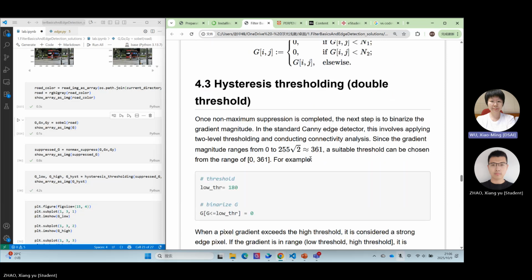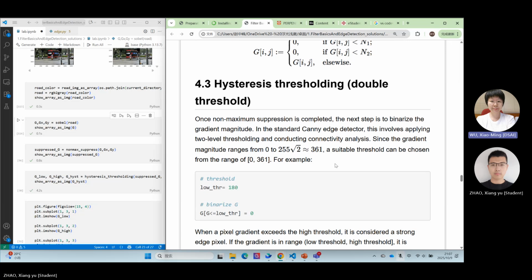And finally, we use the double threshold to determine which points we need to keep, and the others we set to be 0. Once non-maximum suppression is completed, the next step is to binarize the gradient magnitude.